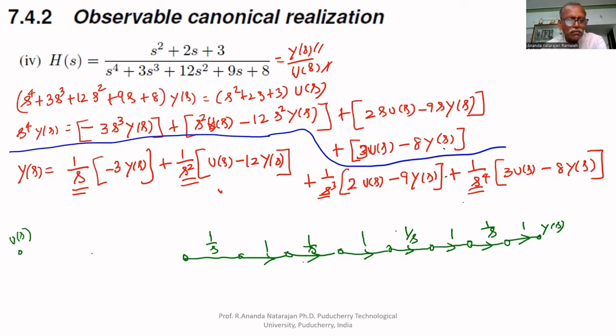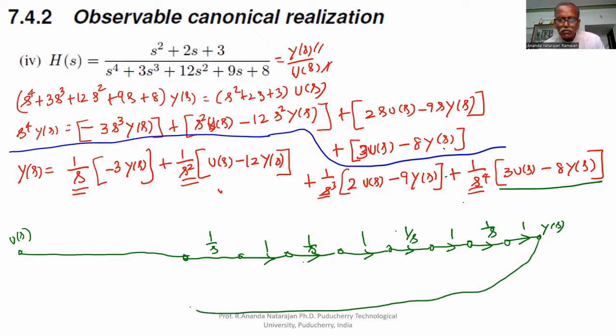Now we have connected with this. Now take the last term. How many integrators? 4 integrators. 1, 2, 3, 4 integrators. So we have to take a feedback of minus 8.